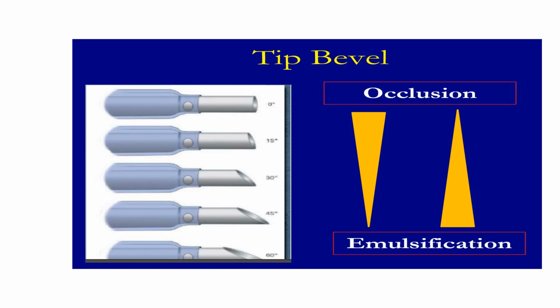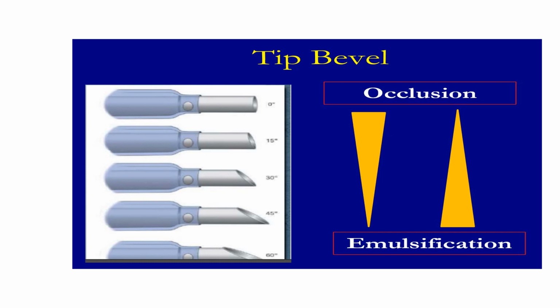The lower the opening of the bevel of the tip, that is the 0-degree bevel tip, the smaller the mouth, and hence it is faster or easier to occlude. However, though it is easier to occlude, the holding force that it would generate would be less than that of a higher degree tip, that is a tip which has a greater surface area of bevel.